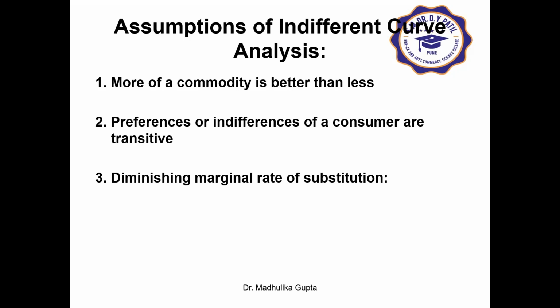In other words, it is assumed that as more units of X are substituted for Y, the consumer will be willing to give up fewer and fewer units of Y for each additional unit of X. Or when more and more of Y is substituted for X, he is willing to give up successively fewer and fewer units of X for each additional unit of Y. So this rule about consumer behavior is described as the principle of diminishing marginal rate of substitution.